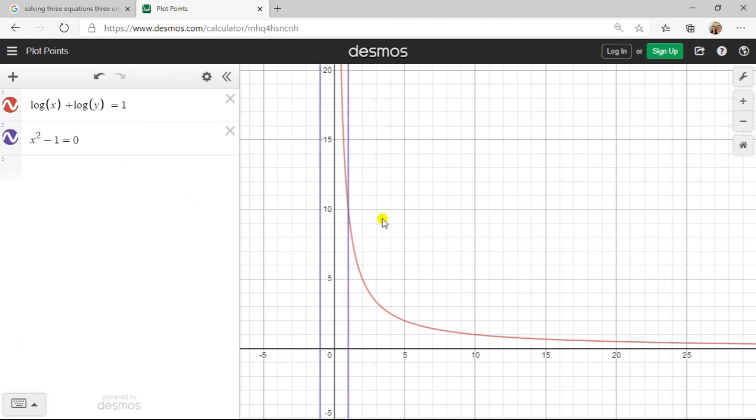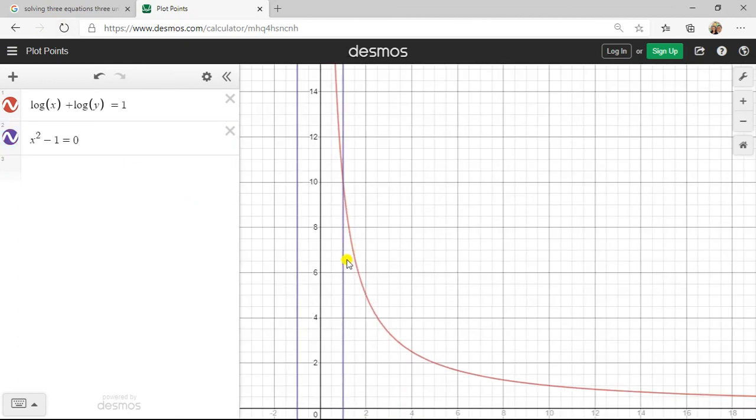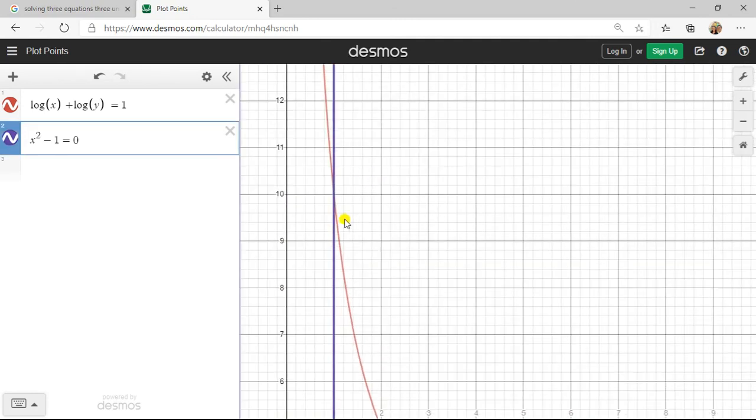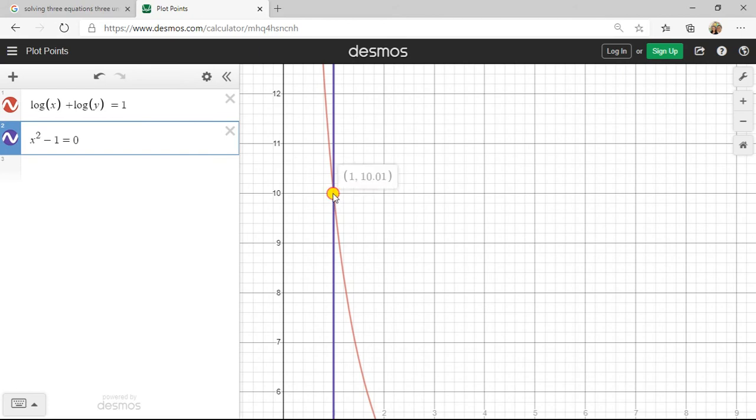As you notice, class, our second equation gives two lines. Straight lines, one on this side and the other on the negative side. Then as you notice, this is the intersection. The intersection is at 1 and 10.